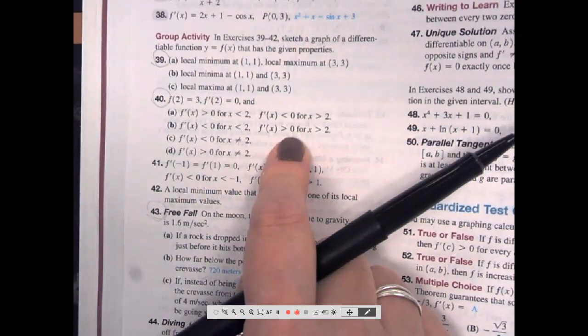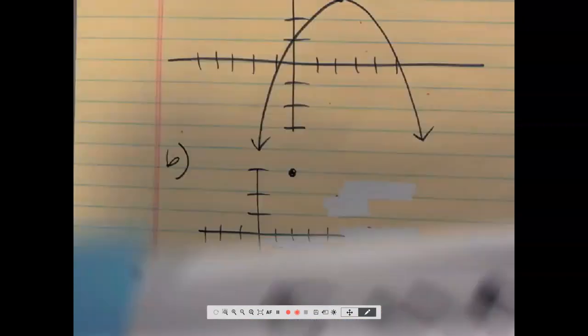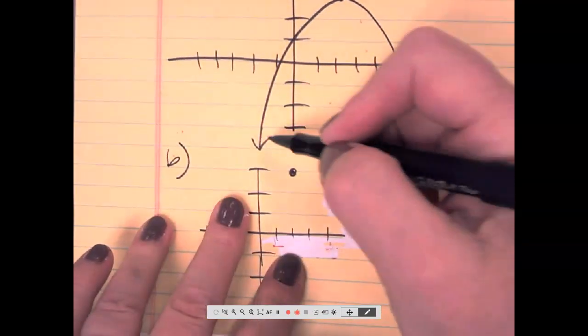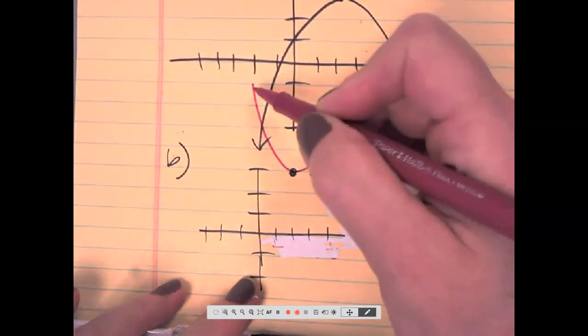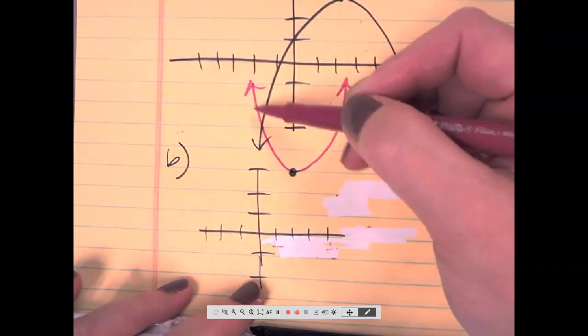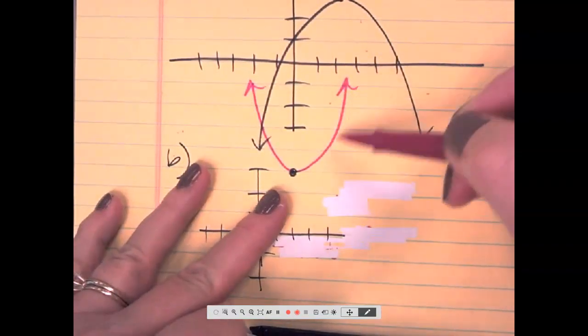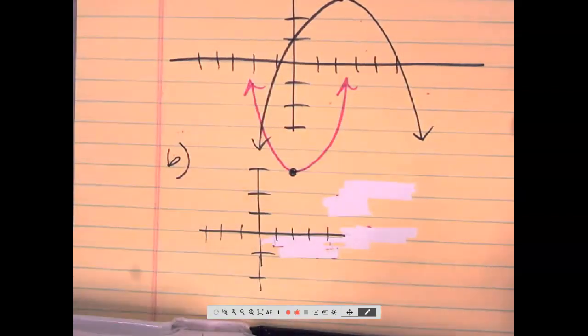What is this going to look like? Yeah, an upward parabola. I should have graphed it giving myself more room, but I have a parabola that looks like that. Negative slope, negative derivative, positive slope, positive derivative to the right. Does that make sense?